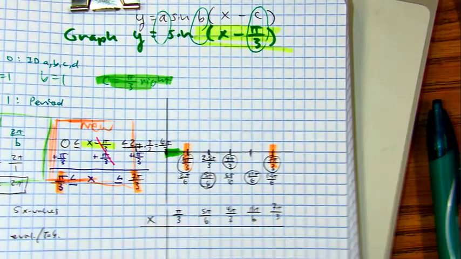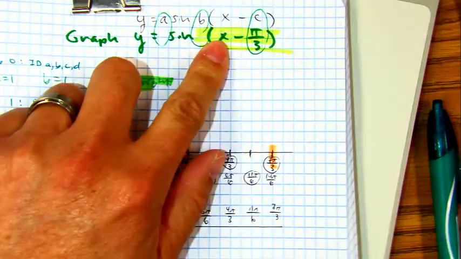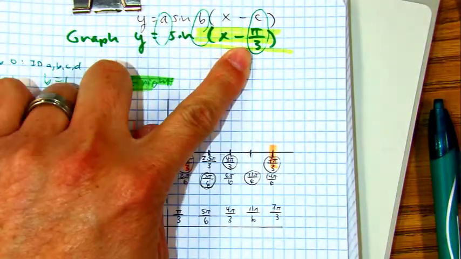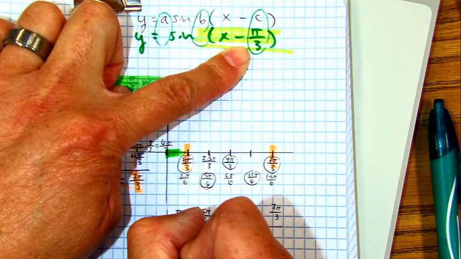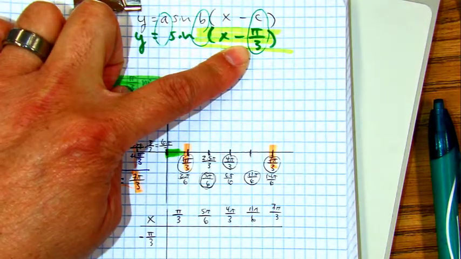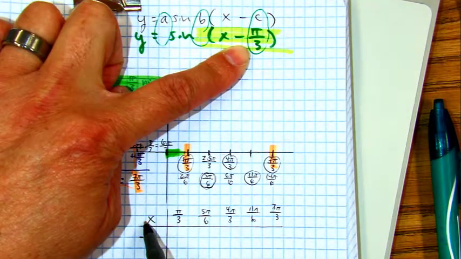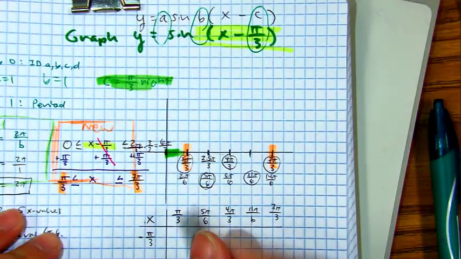Put your finger at x on the original equation. Class, what do we need to do? We're going to subtract all the values by pi over 3. So all of these values, right? Pi over 3 minus pi over 3.